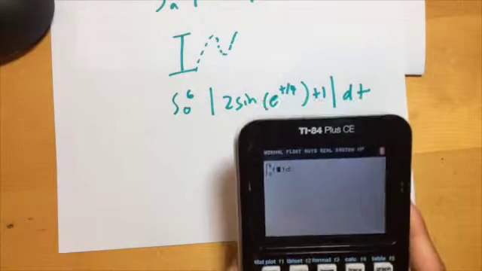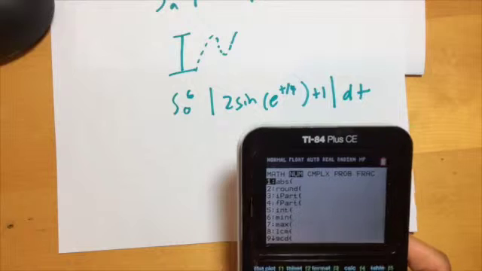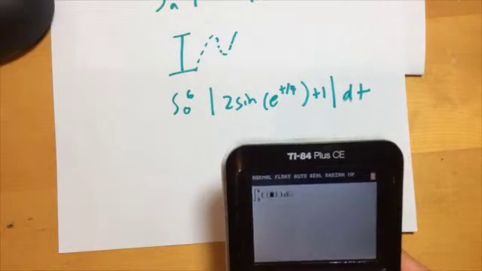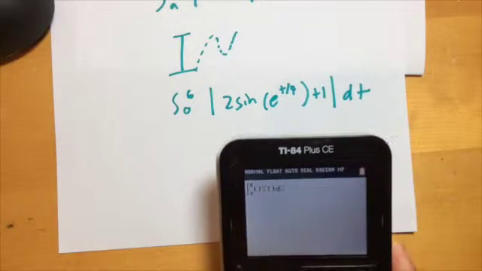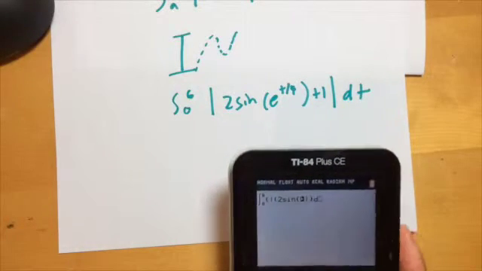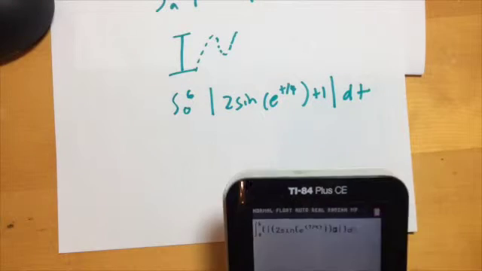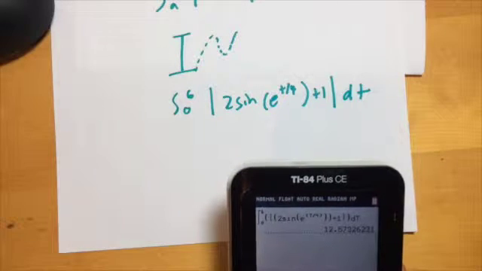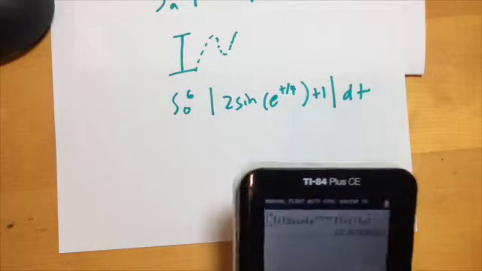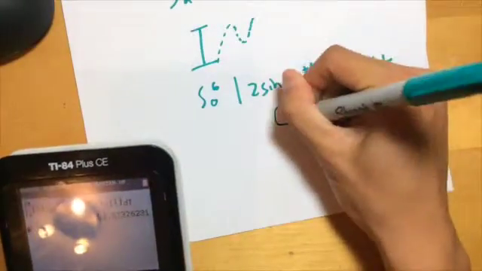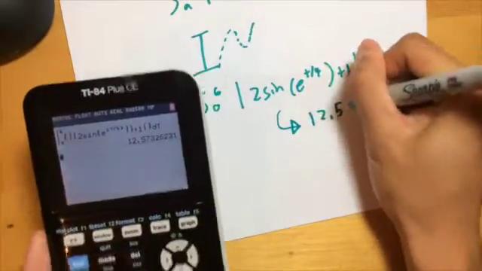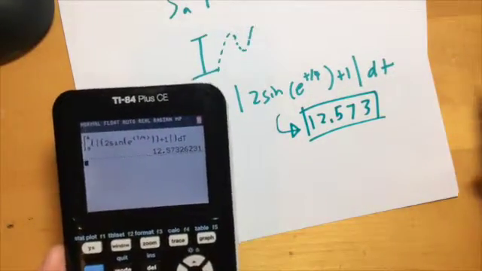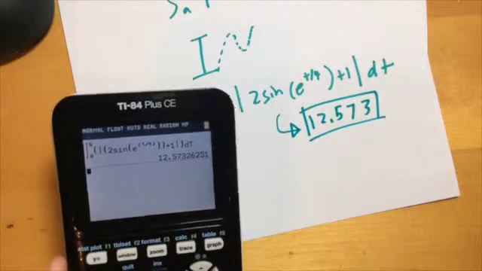And for absolute value, you do math number 1 because it says abs, which stands for absolute value, and you type it in. This gives you an answer of 12.573 as the total distance traveled by the particle from time t equals 0 to t equals 6.